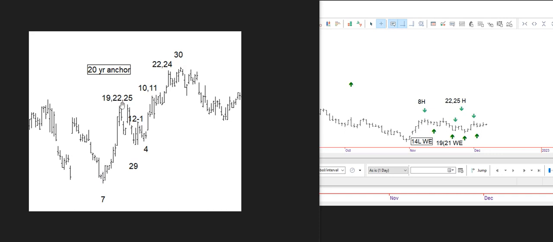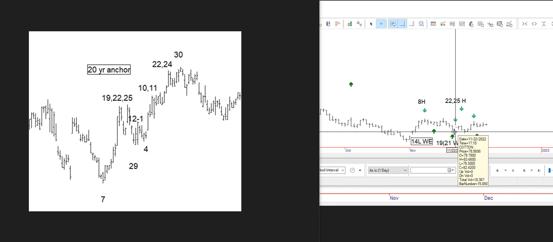So our next points that we could identify from the past here were the 19th for the high, the 22nd for a low, and the 25th for a high. So here the actual low came the 21st because Friday was the 18th, the 19th was a Saturday, and the 21st was Monday, so we got the low on Monday.